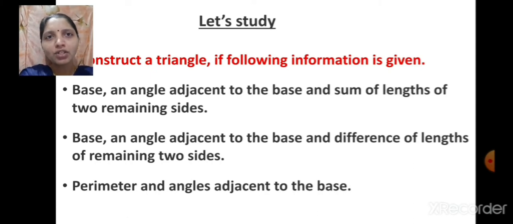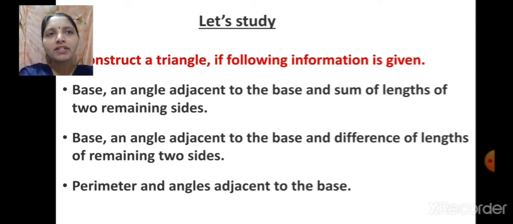In this session we are going to learn the first case, that is when the base and the adjacent angle to that base is given and the third condition is not given here. Instead of that, one additional piece of information is given, that is the sum of lengths of the two remaining sides.